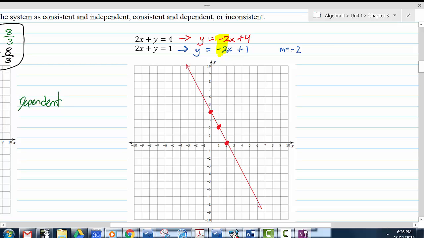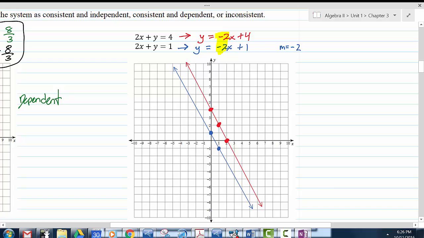So if I graph the blue line now, you'll get parallel lines. So since you have parallel lines, that means it's inconsistent.